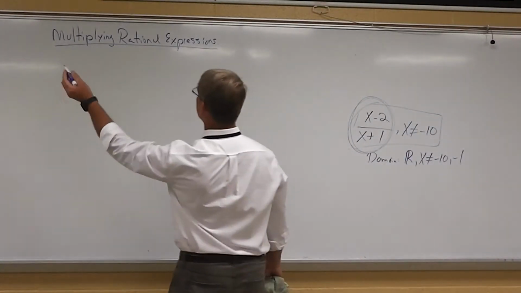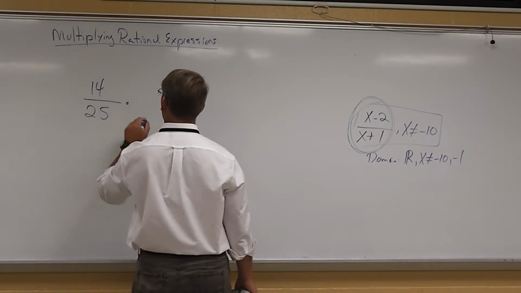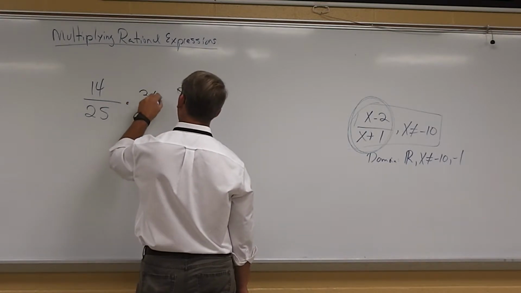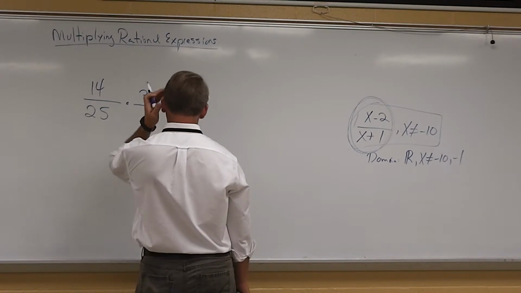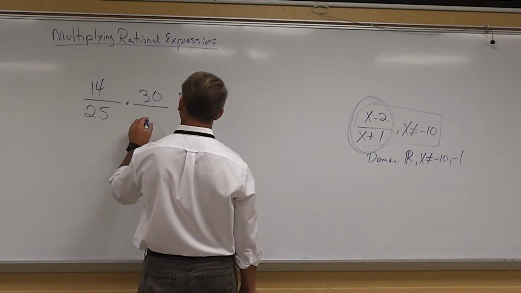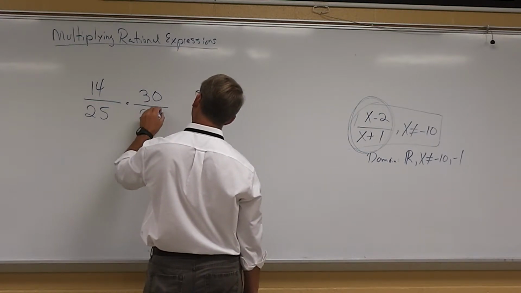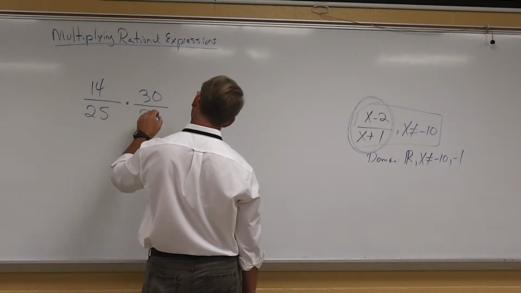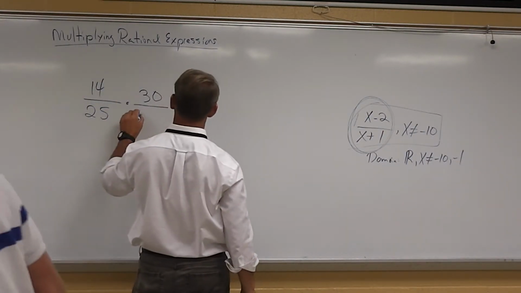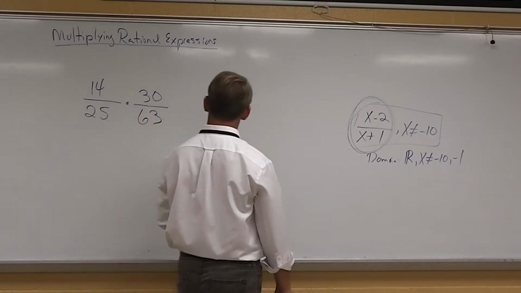Let's take something like 14/25, and let's multiply that by 30 over, oh, let's see. Ooh, that's 63. There you go.